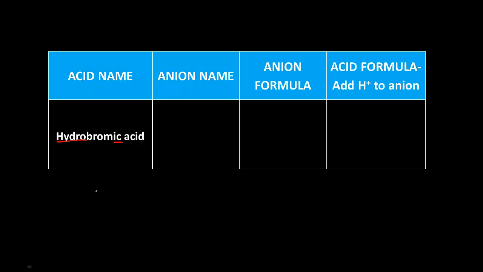Hydraulic, hydro-ick, and it's IDE. Okay, so hydro and ick will go to IDE. So we need to take out our hydro, change our ick to IDE, and that will be our anion name. So it would be bromide is our anion name.